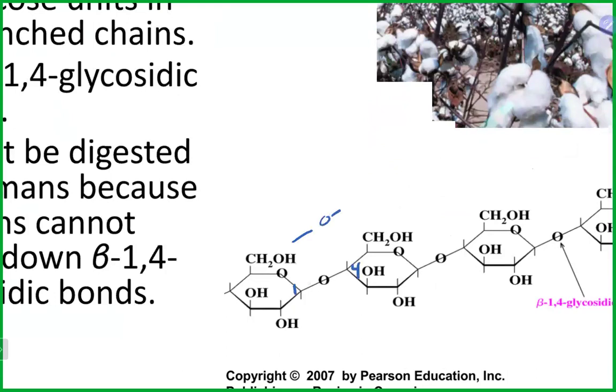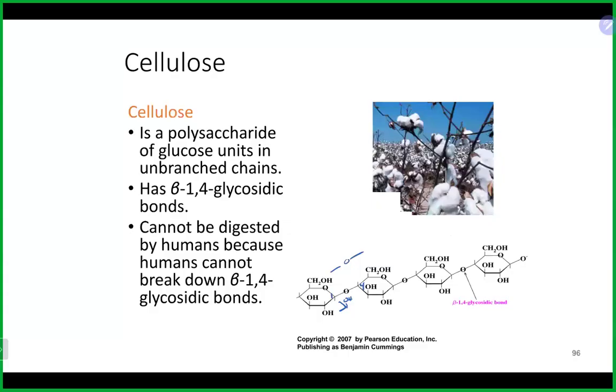And once again, the oxygen's going upwards, just like you find in beta. That's a result of this guy originally being a beta OH group, so it's coming upwards in this case. So also still our D-glucoses just held together by that beta 1,4 glycosidic bond.